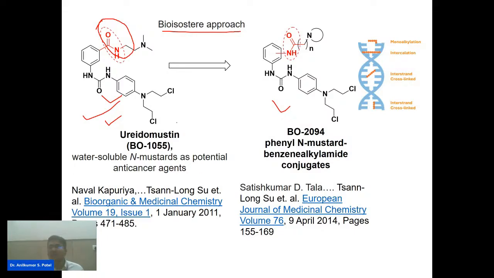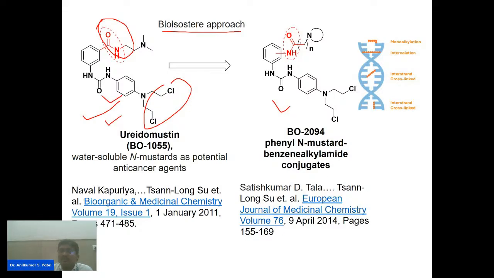This is called the bioisostere approach. These types of nitrogen mustard can undergo monoalkylation with DNA, as well as intercalation, intrastrand cross-linking and interstrand cross-linking.